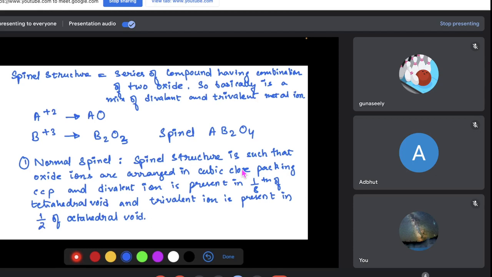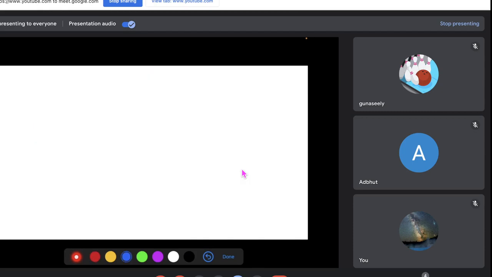Okay, so this is the normal spinel. We can write it as: this A, which is divalent, is present in the tetrahedral void, and B, which is the trivalent metal ion, is present in the octahedral void, with O4.